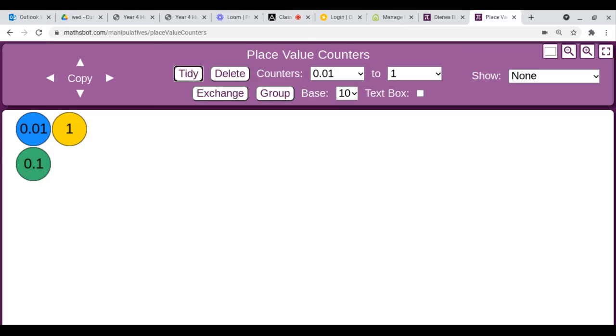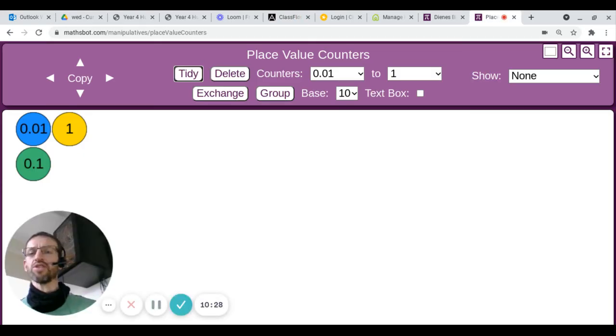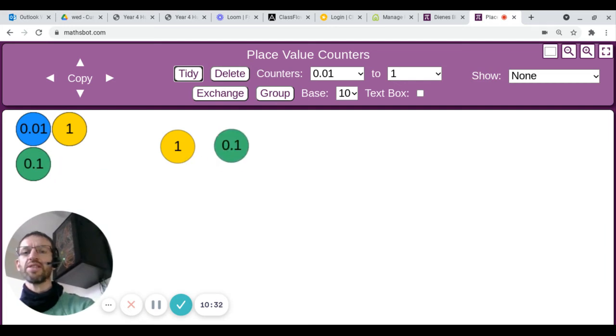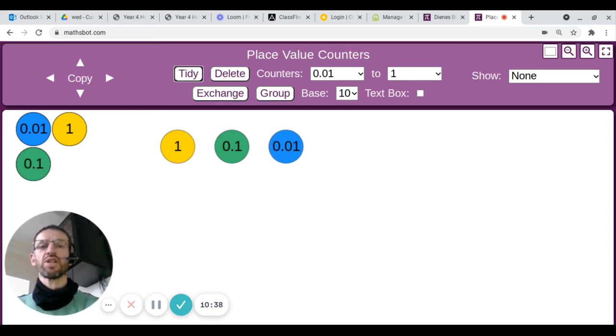We looked at MathSpot last time. Here you can see I've got my ones, I've got tenths, and this is a new one for today, hundredths. If you haven't got hundredths on your screen, you'll have to click on this one and make sure that you go to 0.01, and you'll have hundredths.